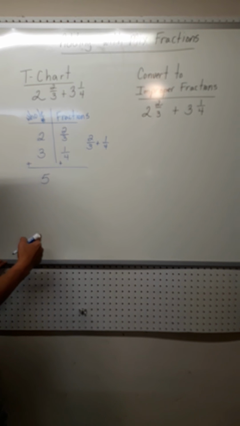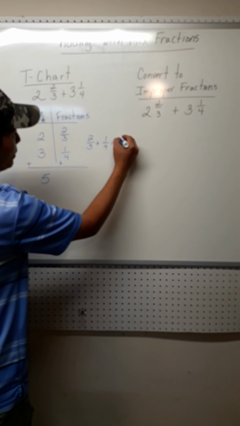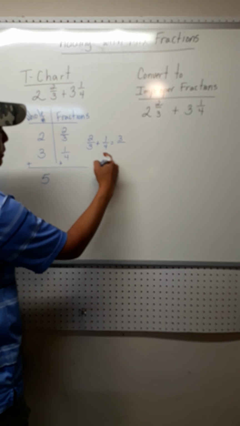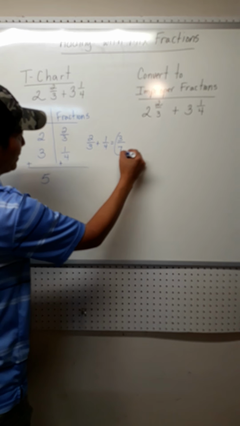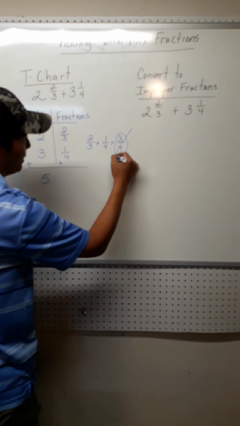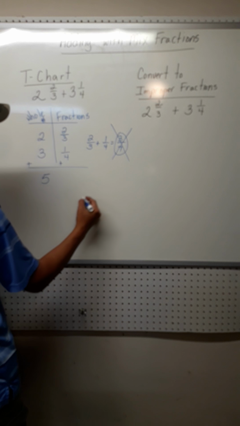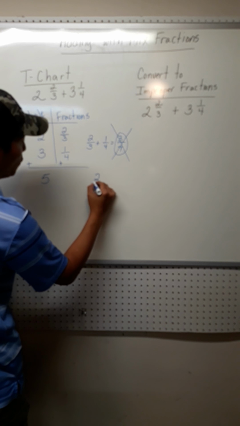Most kids want to just add 2 plus the 1, which gives us 3, and then 3 plus the 4, which is 7, and then they put that answer here. Unfortunately, that does not work. So this is incorrect.